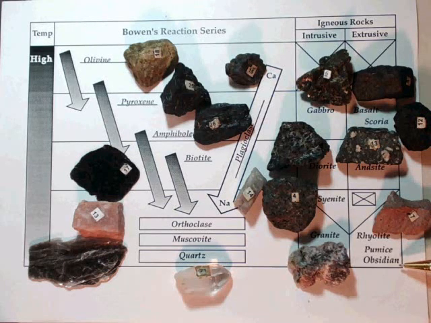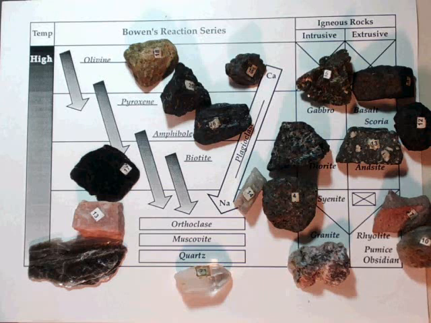Now, the pumice and the obsidian do have similar mineralogy as the granites or the rhyolite, but because of their cooling history, we call them something a little different. The pumice, similar to what happened with scoria up here, is vesicular.